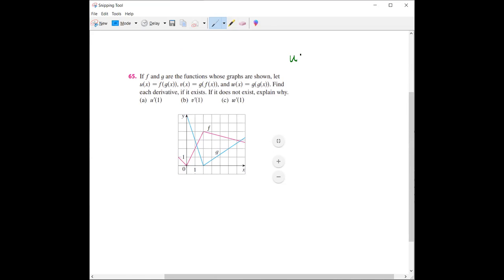So instead of u prime of 1, let's just look at the derivative of f of g of 1. These are the same thing.